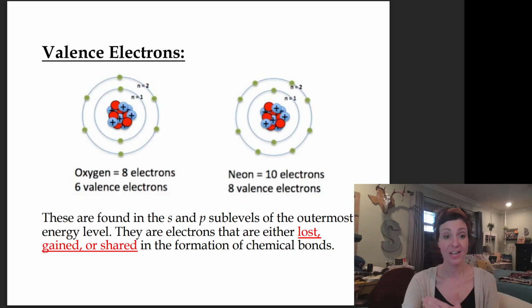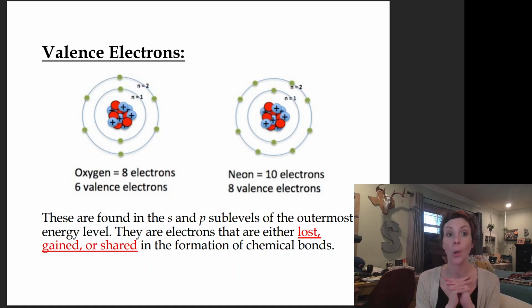So valence electrons are the ones that are found in the s and p sublevels of the outermost energy level of an atom. So they are the electrons that will be lost, gained, or shared when you form chemical bonds. So the valence electrons are important because that is what is needed or used to do chemistry, okay?